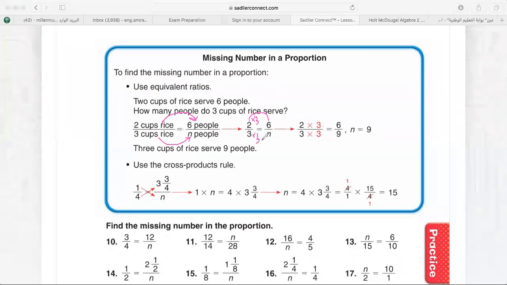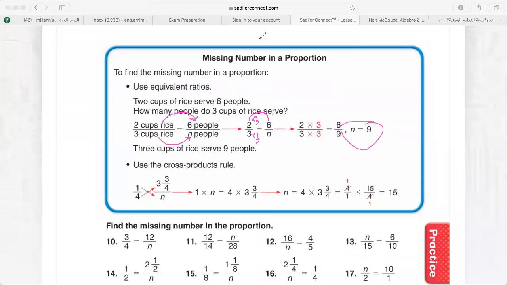So 3 multiplied by 3 is 9. So n is equal to 9. So 3 cups of rice will serve 9 people.